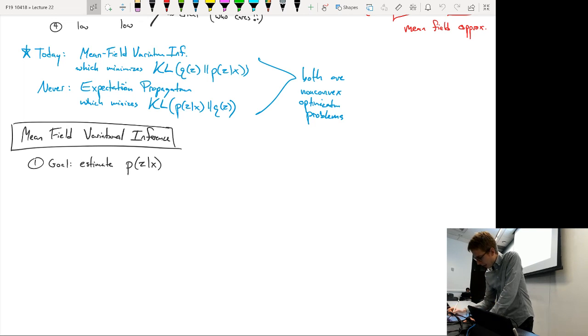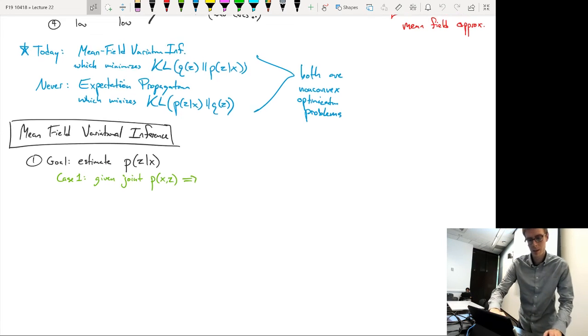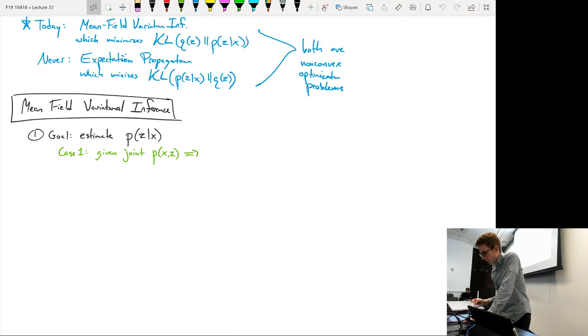And we could think about 2 cases of interest. Case 1 is we're given the joint distribution of P of x and z, which means that P of z given x is actually equal to P of x and z divided by P of x.